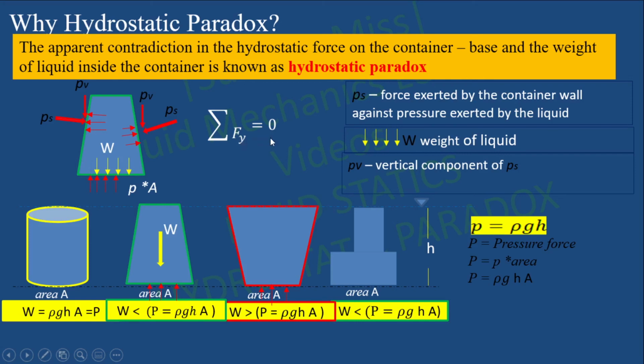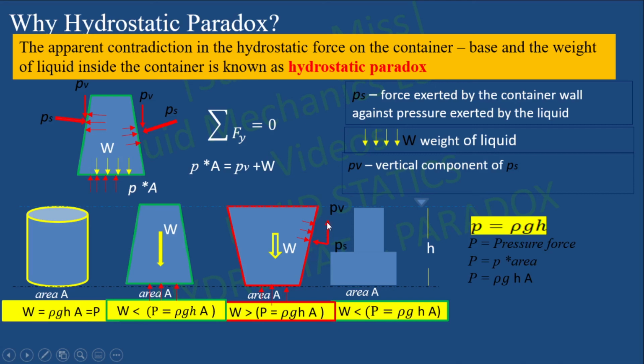So sigma Fi equals 0 can be written as P into A, that is the total pressure force acting at the bottom, equal to the summation of these vertical forces plus W. But for the third container, the weight is more than the total pressure force acting. The same principle we can apply here.